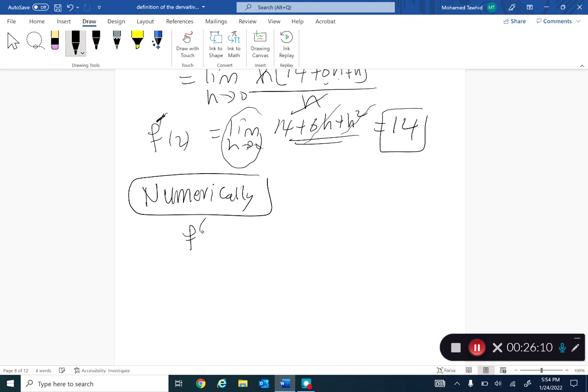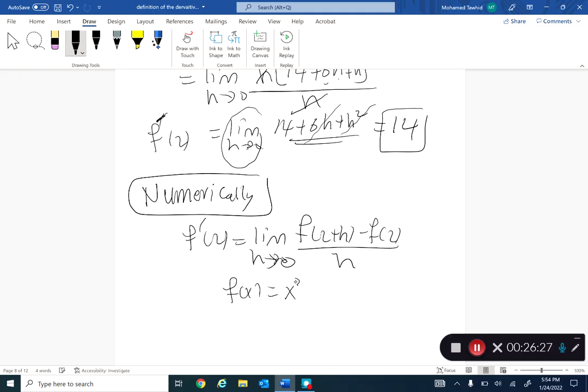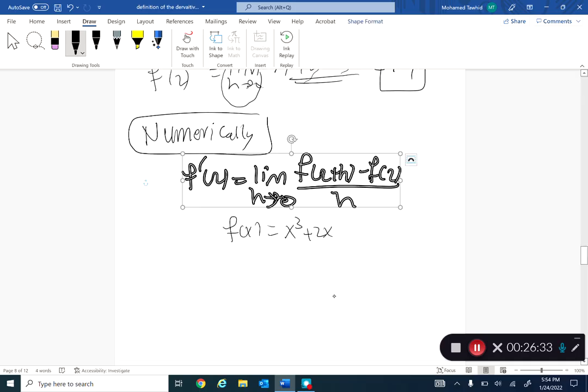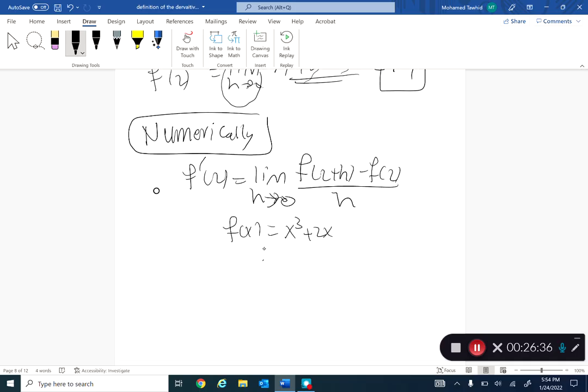So here f prime of 2 will be the limit h close to 0 of f of 2 plus h minus f of 2, over h, right? H close to 0 here. So here, what is your f of x? Your f of x equals x cubed plus 2x, right? So in order to do this numerically, I have to do the left limit and the right limit.